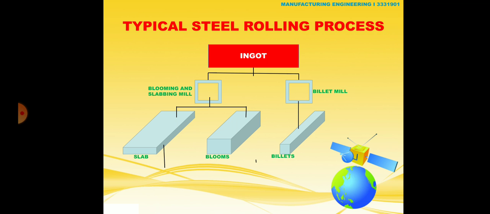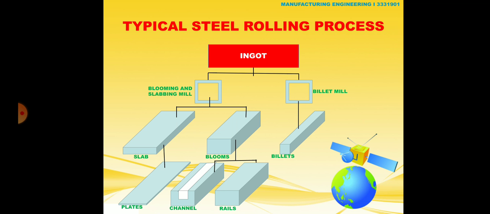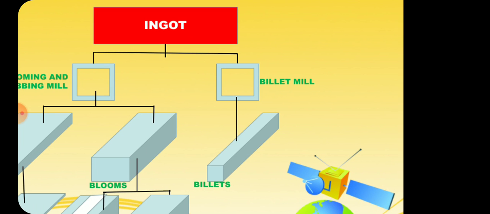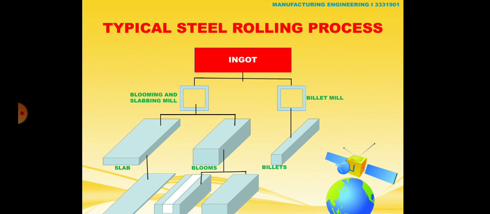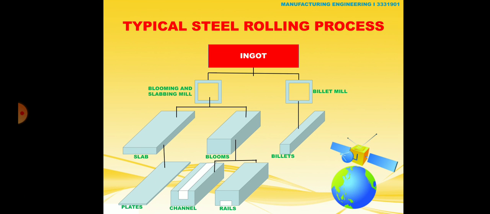Now from the slab, we can manufacture plates, and from blooms, we can make components like channels and rails. And from billets, we can manufacture rounds, wires and square bars, as we see in our daily life.